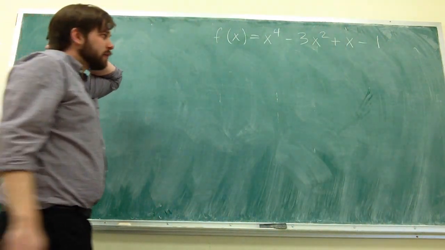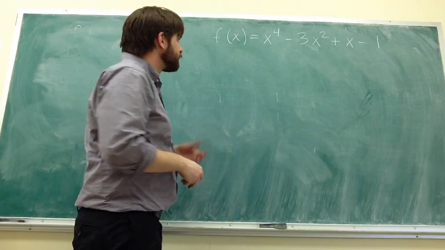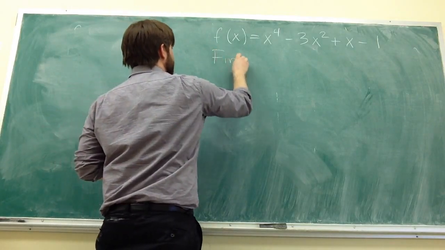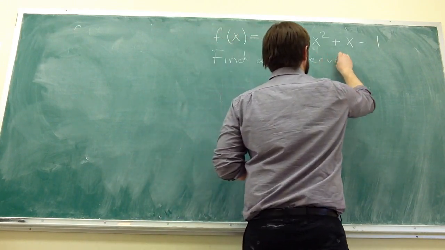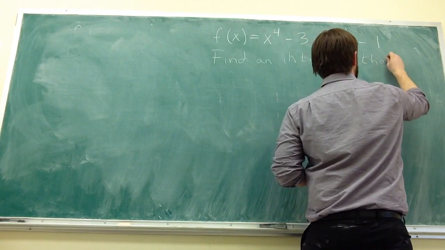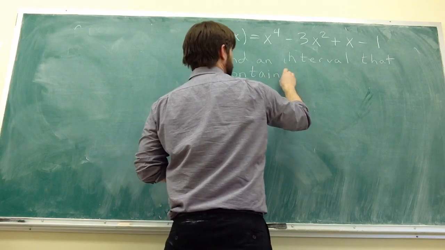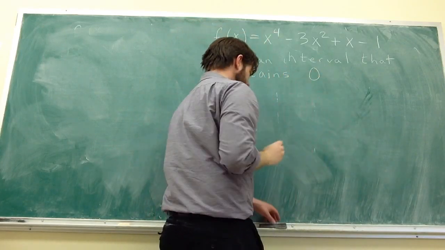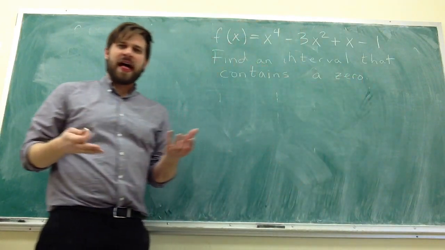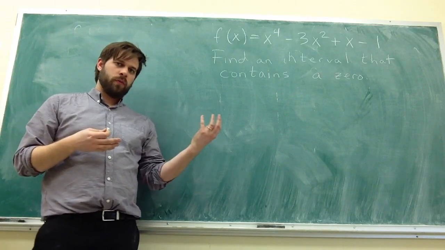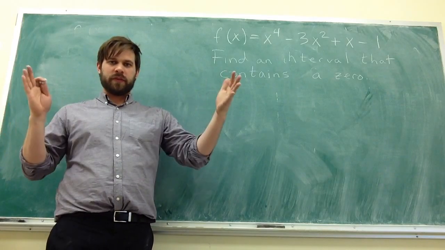Now, looking at this, if you were trying to find where a 0 might lie, let's say find an interval that contains a 0. Well, we're looking to plug in values for x where for one value we get a positive number, for another we get a negative, and then we would be able to say that somewhere in between there's a 0.